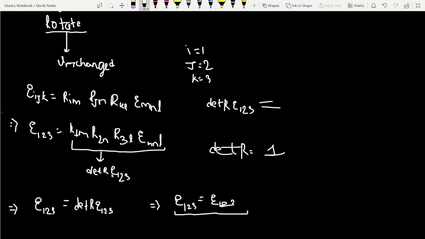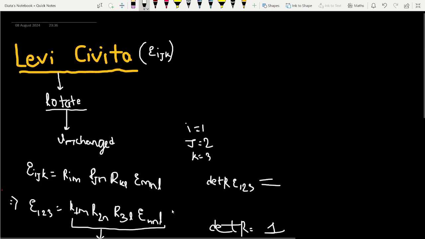If the determinant of R is plus 1, the equation becomes this. It means when we rotate this Levi-Civita, it does not change. This is a very important and special property of the Levi-Civita. So this is a demanding question on the Levi-Civita, to prove that it remains unchanged when we rotate it. Thank you for watching my video.